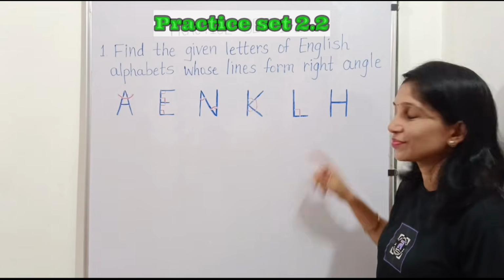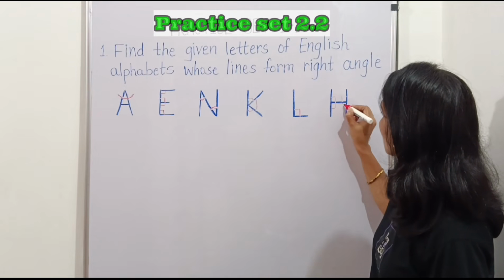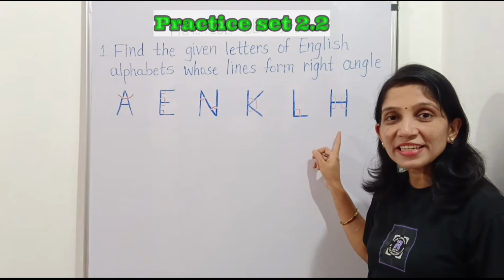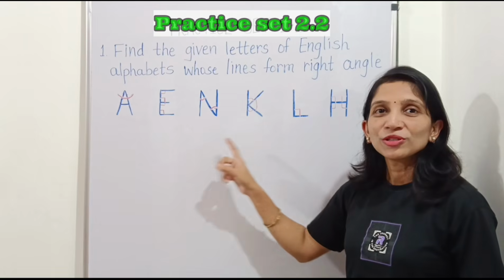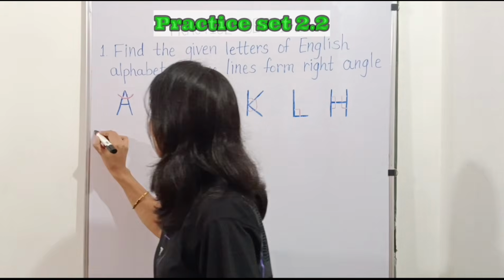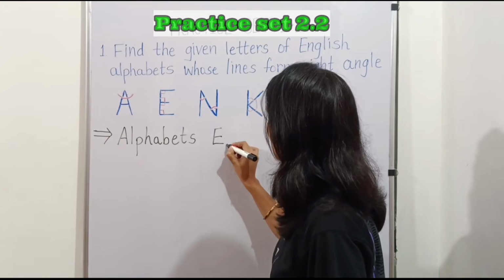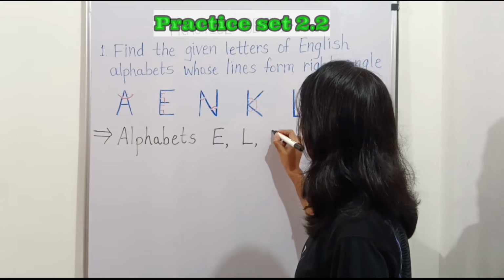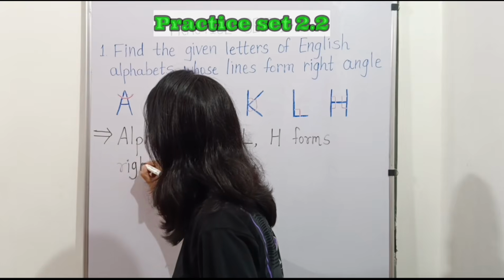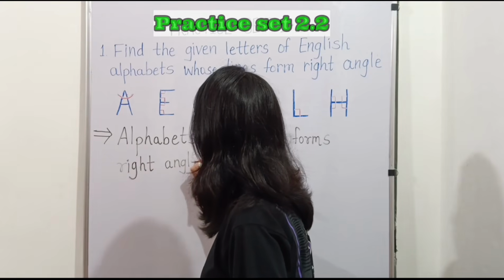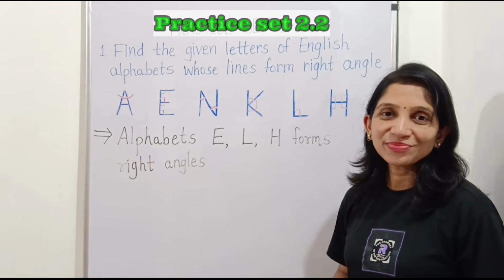Alphabet H. Here also you can see a right angle form. So from that, we will make our investigation report. Alphabets E, L and H form right angles.